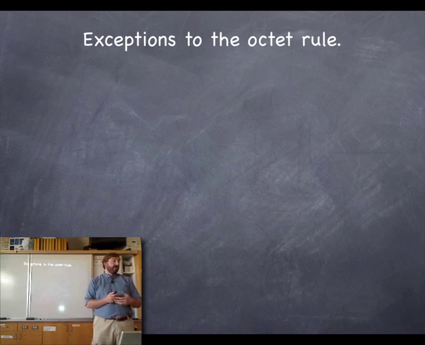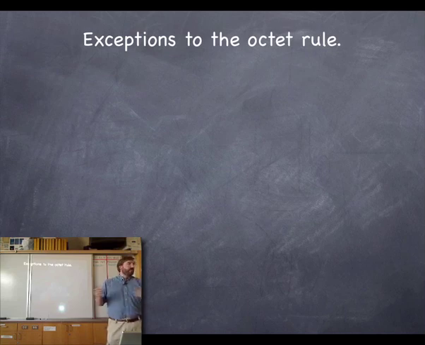Those 3 d orbitals are fairly close in energy to the 3 p's. When the atoms combine, there's some funky stuff that happens with the orbitals that can allow them to be used to form chemical bonds. We'll talk a little bit more about that towards the end of this unit.